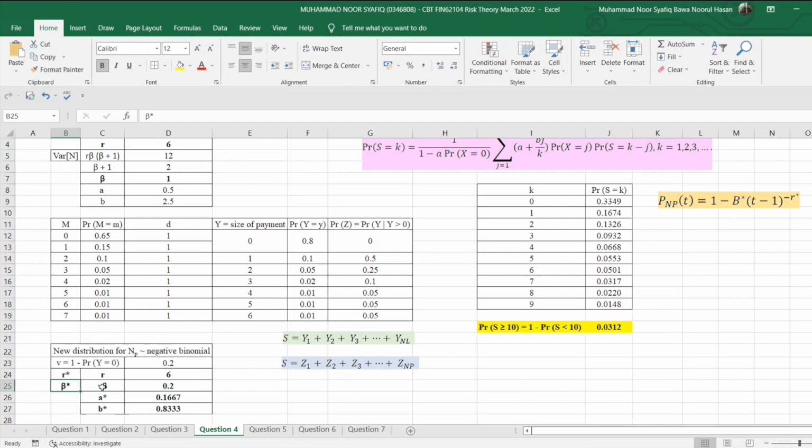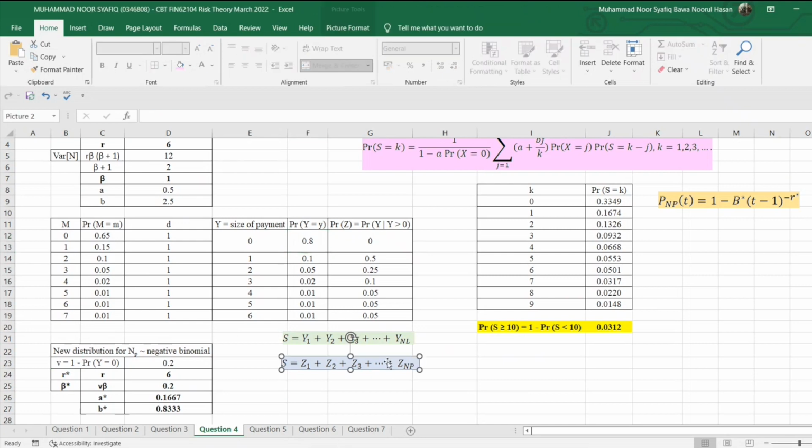So what is actually the value of v? v is the value of probability of paying a claim, where for example, when the severity is more than the deductible. So in this case, to calculate the value of v, it's very easy. It's 1 minus 0.8 here because Y equals to 0 is not included in our NP. When we use Z, we use NP.